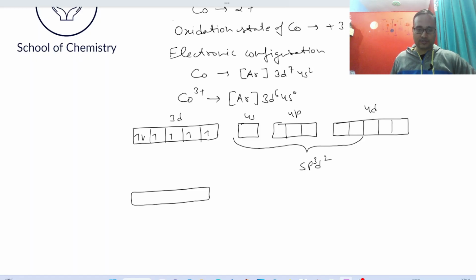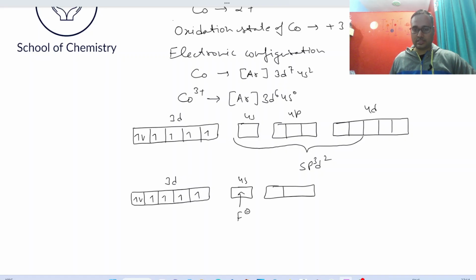Okay, in order to accommodate the electrons from the 6 F negative ions, that is fluoride ions. As fluorine is a weak ligand, or you can say weak field ligand, it cannot cause pairing of electrons in the 3d orbital. So we have to use the 4d orbital for the hybridization in the complex. So this is how we are representing the 3d orbital having 6 electrons. Now this is your hybrid orbital 4s, in which the F negative is going to donate this pair of electrons.